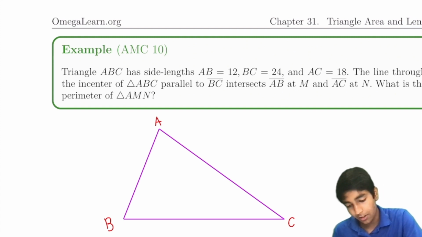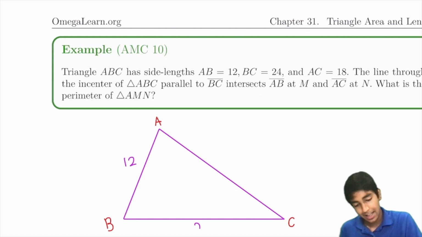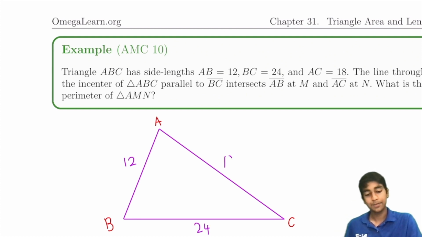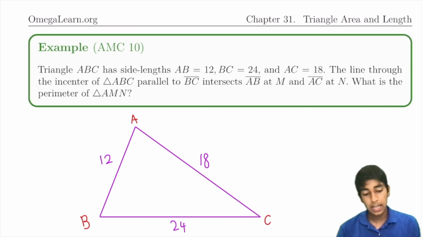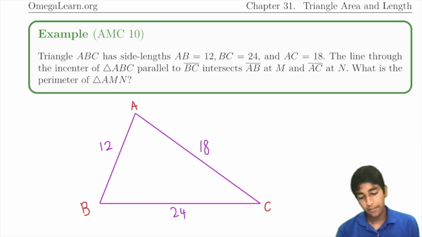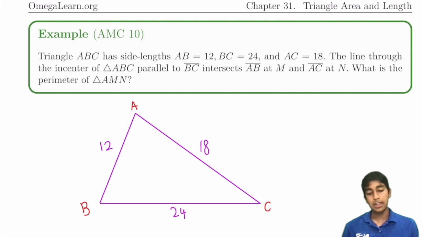And AB is 12, BC is 24, and AC is 18. Okay, the line through the incenter of ABC parallel to BC intersects AB at M and AC at N. What is the perimeter of AMN?